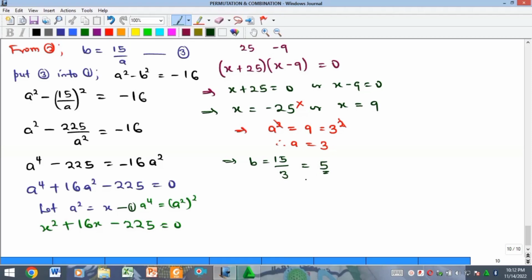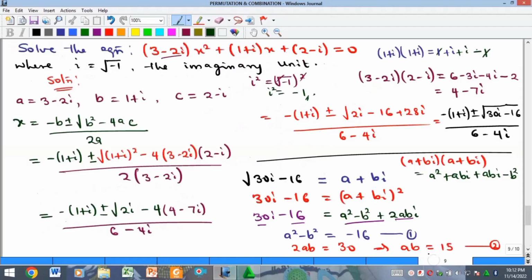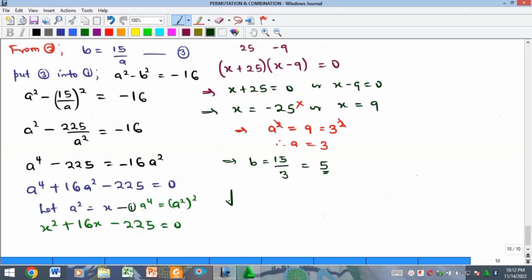Okay, and so if that be the case, we have the values of a and b, and if you put that into this equation now, you are going to have that the square root of 30i minus 16 is equal to a plus bi, and our a is 3, then plus our b is 5i.